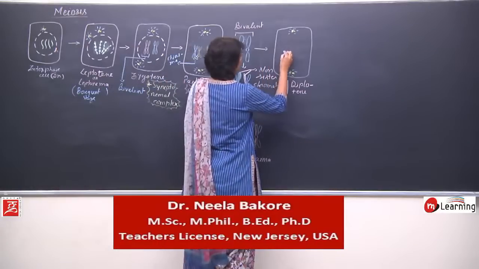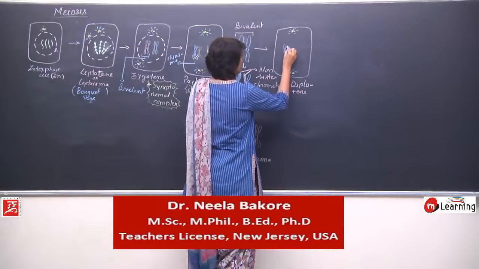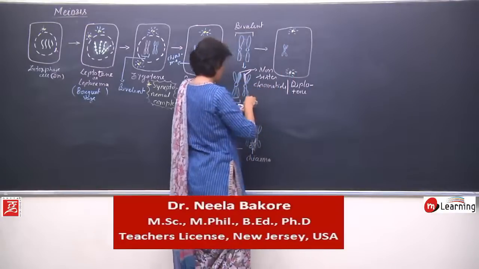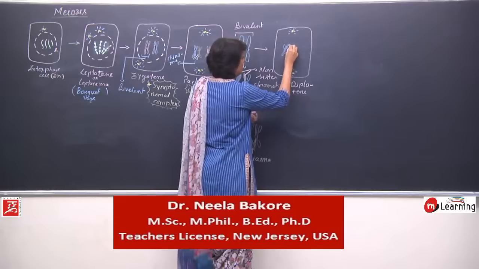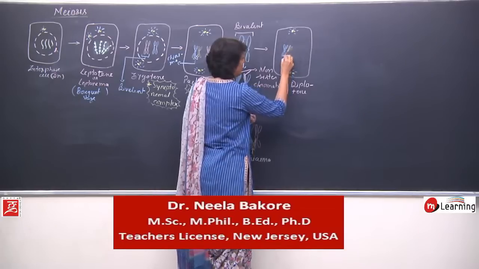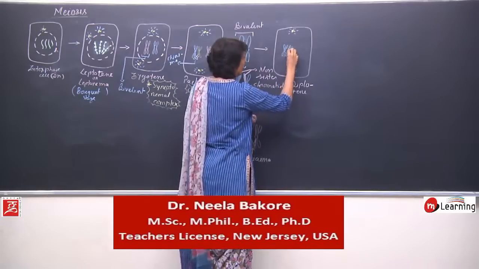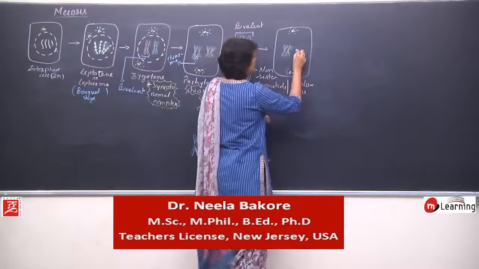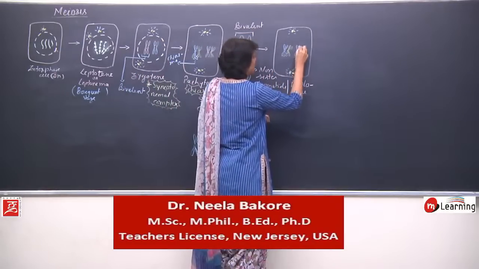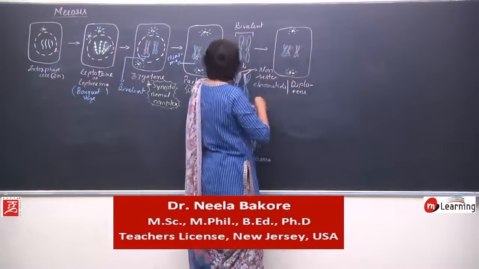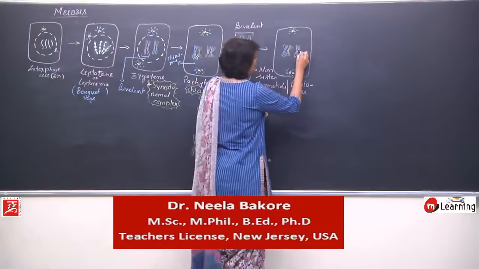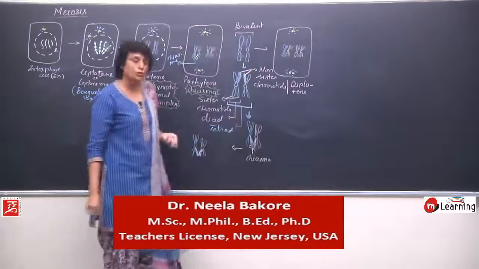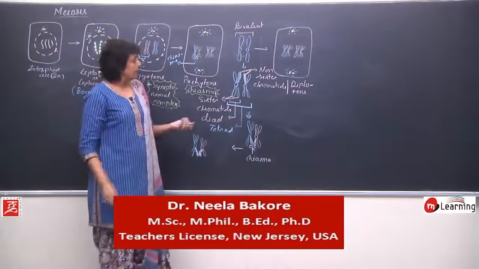Let us take the same chromosomes, the blue one here and the yellow one where one arm of yellow is crossing over. We have not shown this here, but crossing over can take place in these chromosomes also.